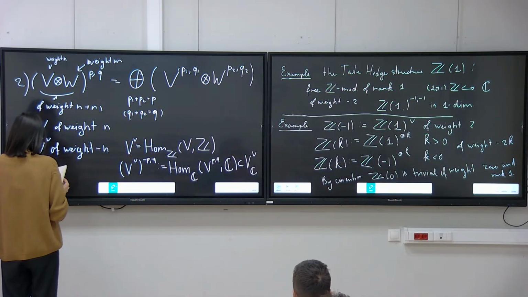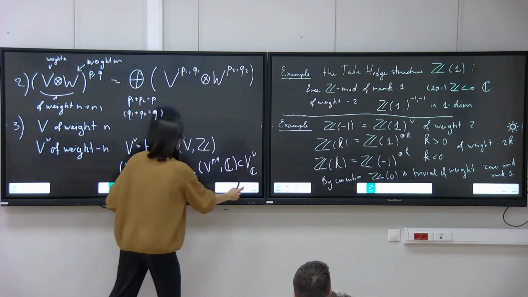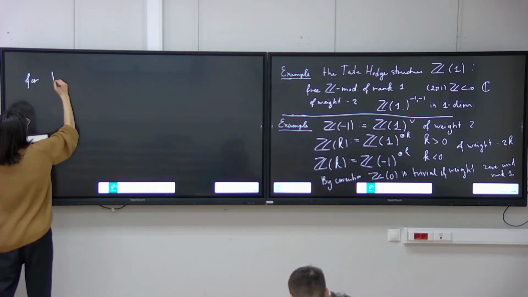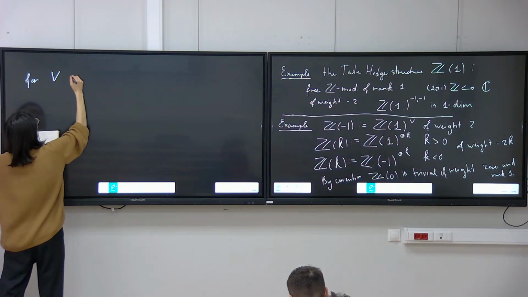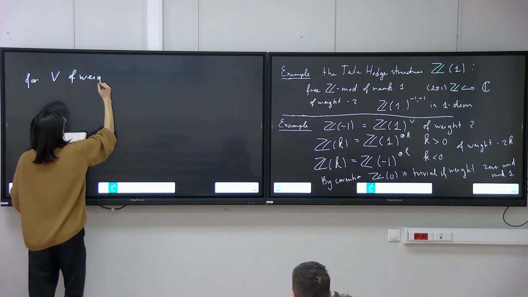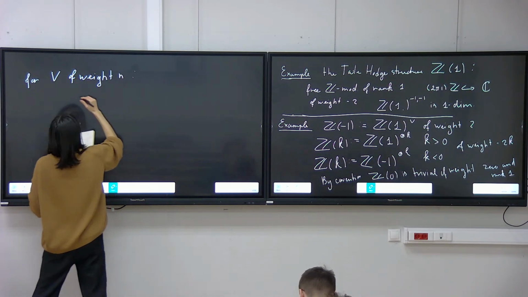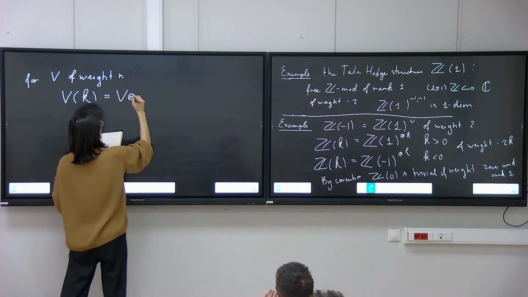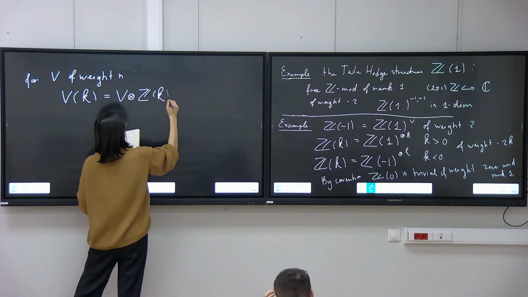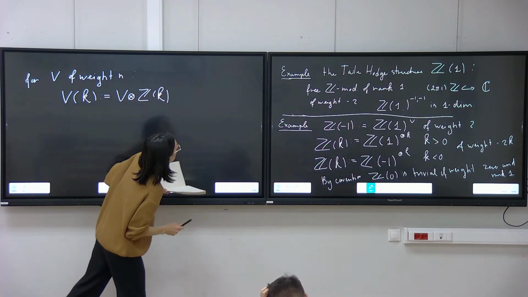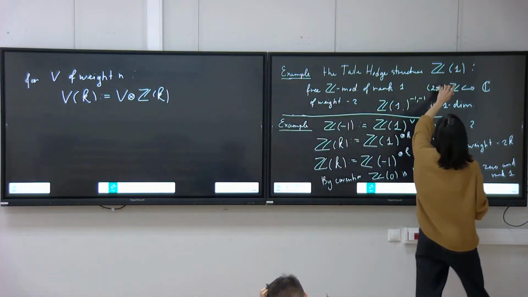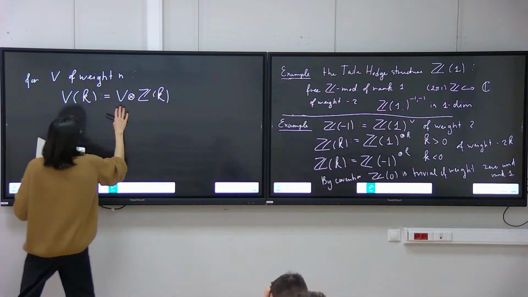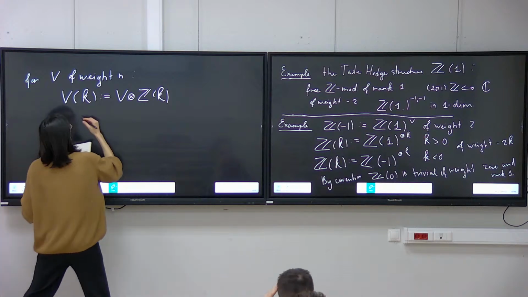Okay, and for an integral or rational Hodge structure, we can define a twist. So for V of weight n, we can define a twist just by the tensor product of V with Z(k), or, of course, we can consider also a rational Hodge structure just by tensoring with Q. So this is a twist.